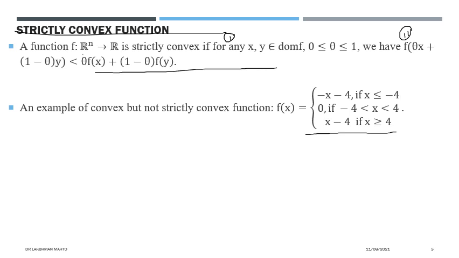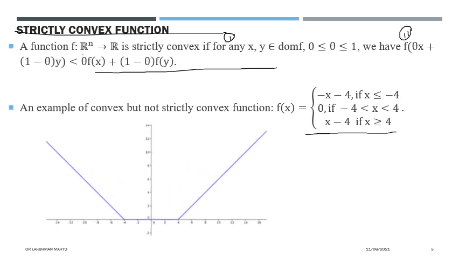There is a very simple test to identify whether a given convex function is not strictly convex. What is that? If you somehow come to know that there is any line segment in the graph of the function, anywhere, then you can simply claim that the function is convex but not strictly convex. There would be no strict inequality.